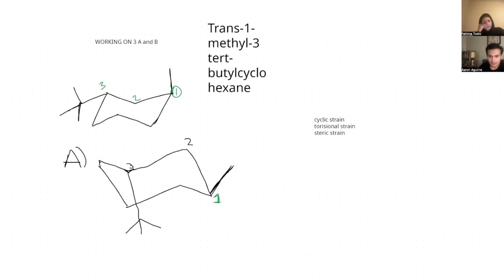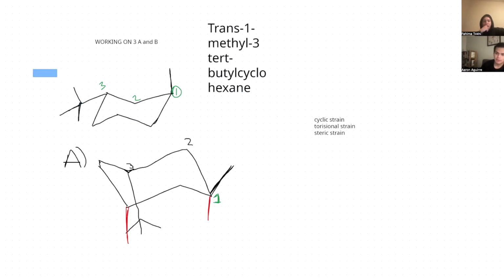In the equatorial position they're more alone. The equatorial butyl is not really bothering anyone, but the axial one is making a lot of disturbance. As long as the one with more carbons is equatorial, it's more stable.